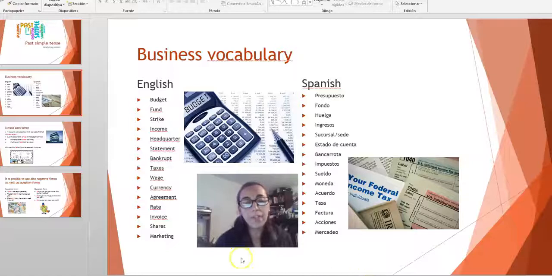So, the first part is going to be budget, which is presupuesto.